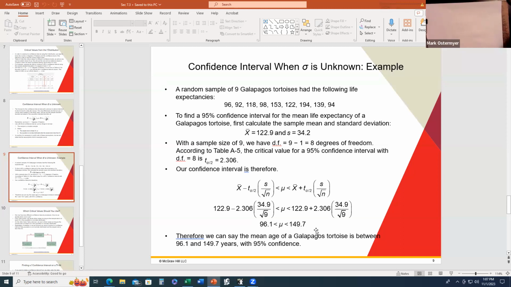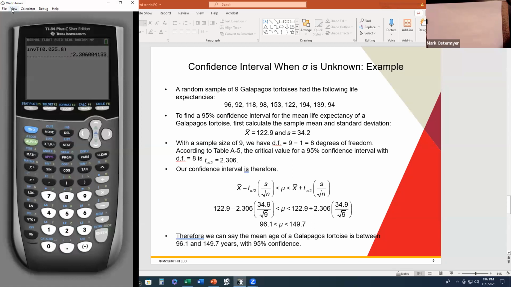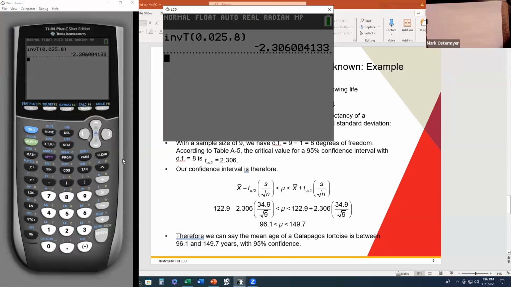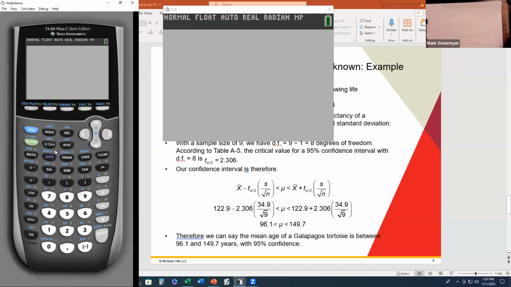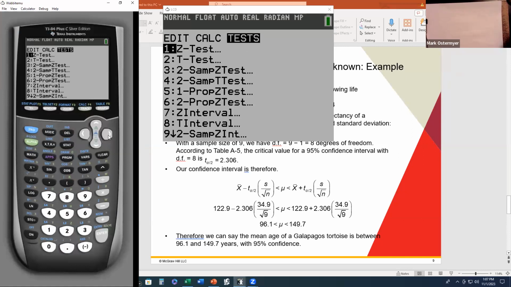Well, just like 2 days ago, we had a wonderful function called a Z interval function. Well, today we are equally lucky in the sense that we have not a Z interval, but if we go to stat tests, we have a T interval function.